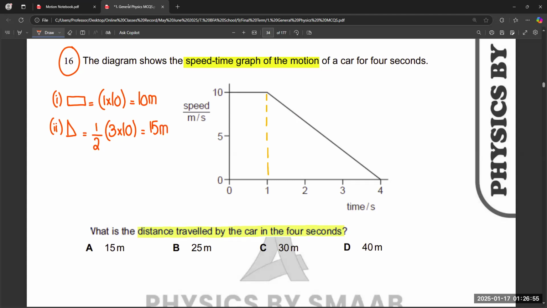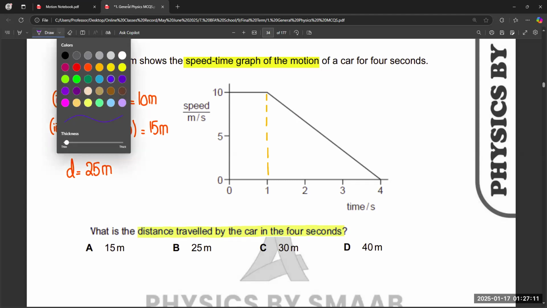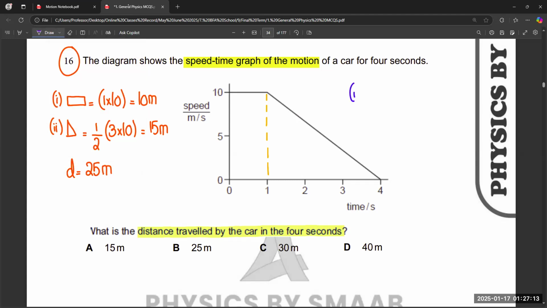Okay, so we are getting 25. Let's check. If we use two different shapes, we get the answer 25 meters. But let's suppose we only use a single shape, that is a trapezium.